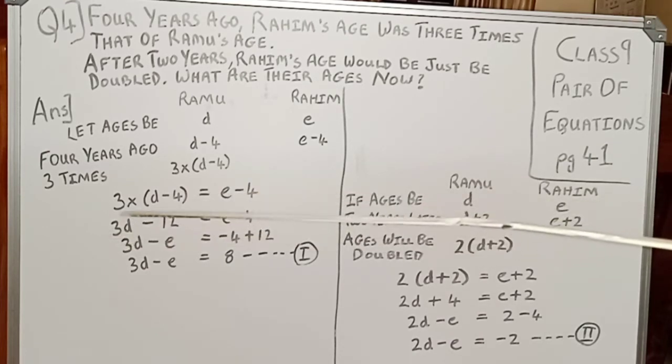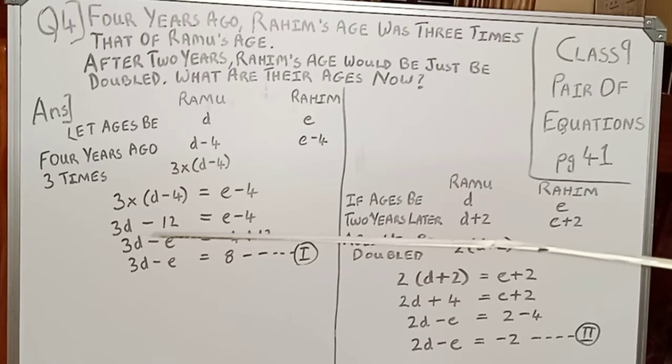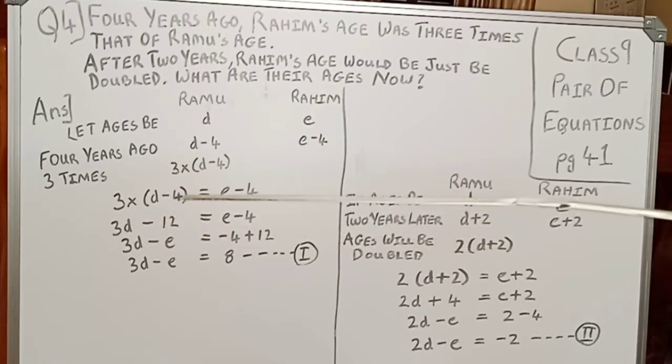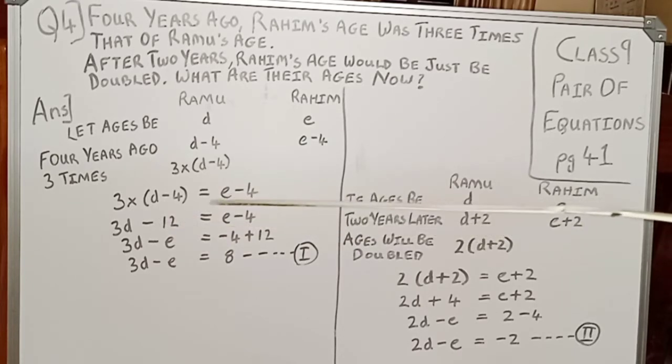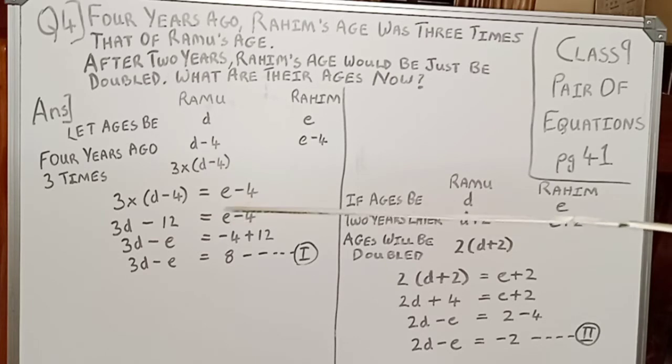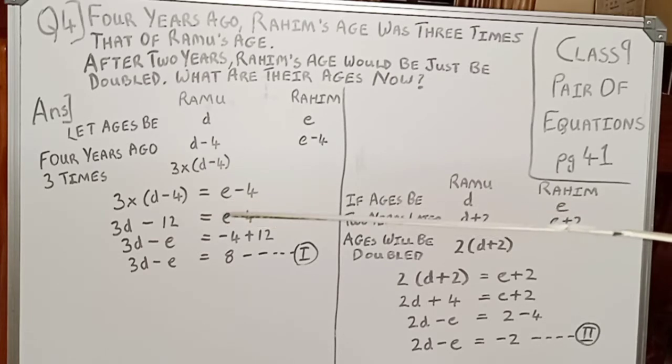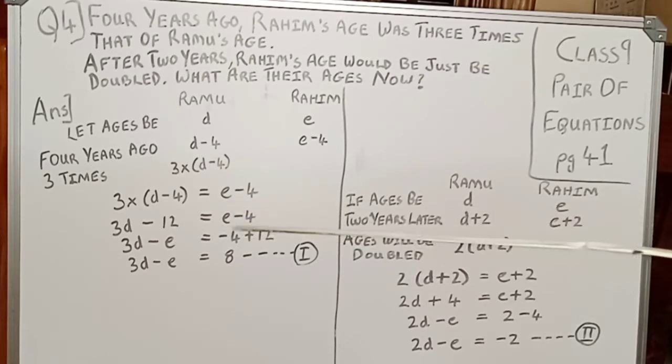Then 3 into D will be 3D, and 3 into 4 is 12, and this minus sign will come down. Now after the equal to, the same thing you have to bring down, E minus 4. Now E is positive over here. When it goes to the opposite side of the equal to, it will become negative.